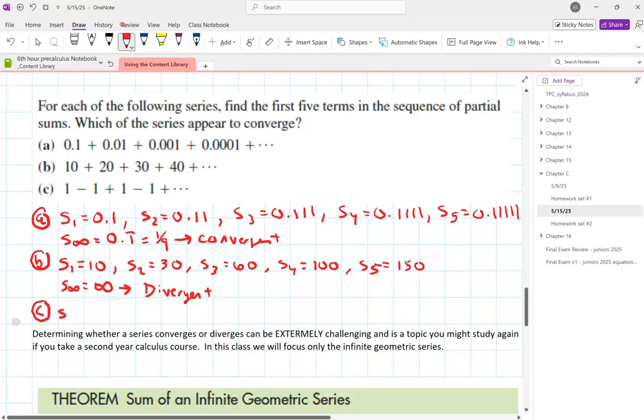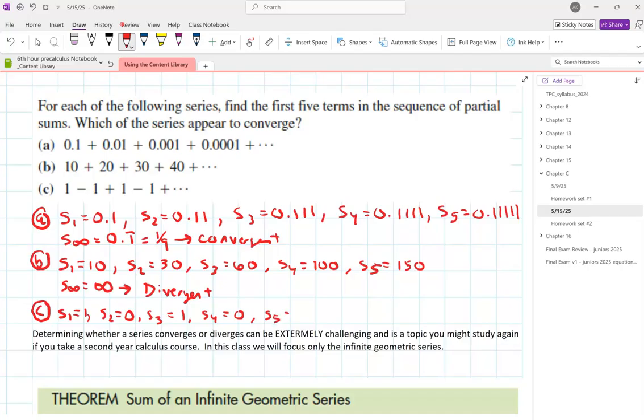Okay. The last one, first partial sum is 1. Second partial sum 0. And then 1. And then 0. And then 1. Now, this sequence of partial sums is just going 1, 0, 1, 0, 1, 0, 1, 0.